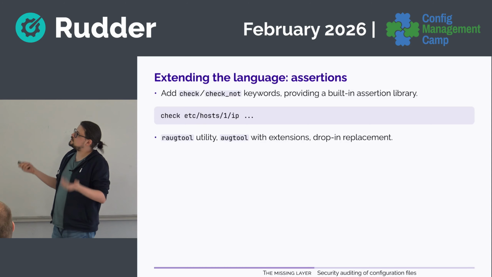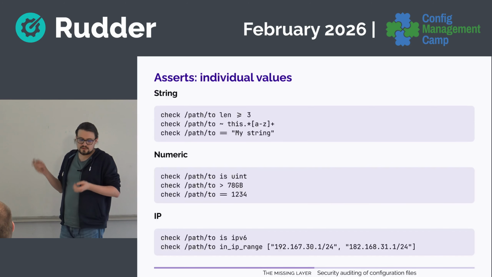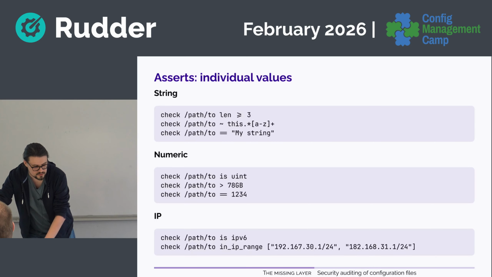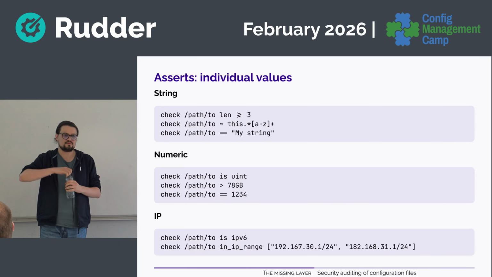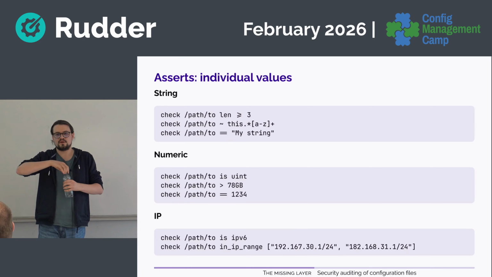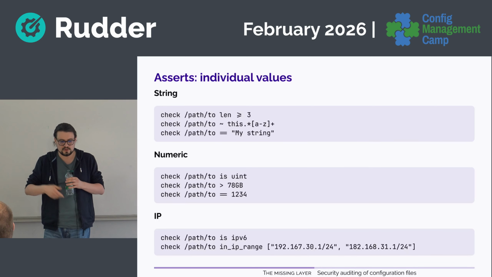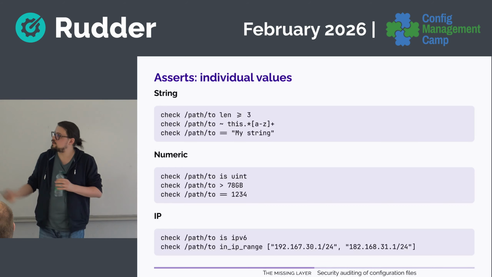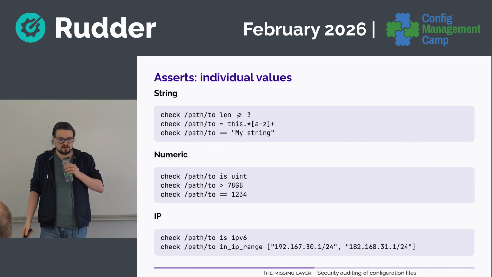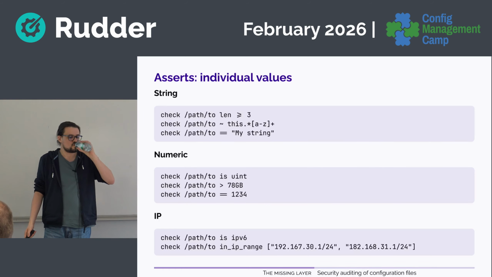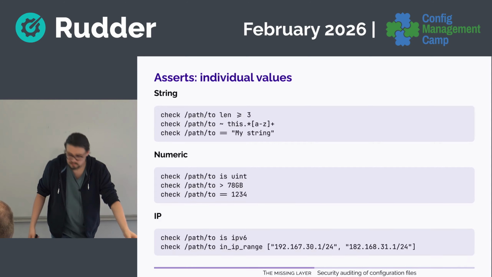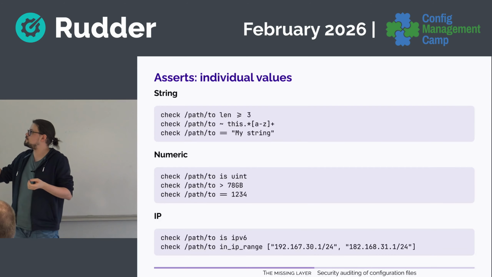So what is this check keyword? The idea is that a lot of security benchmarks describe some constraints on the values, but not always a precise expected value. The value, like in the example I gave, should be above 7. And that's something we can describe with our check keyword. But we also added regular expression matching.